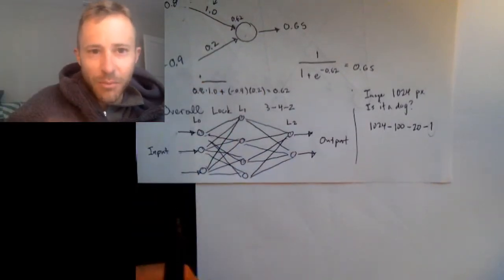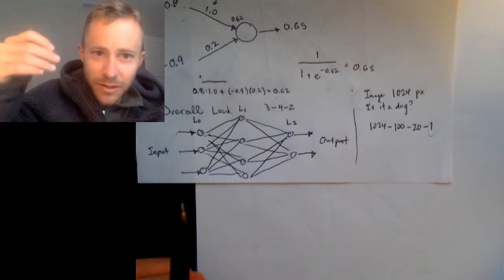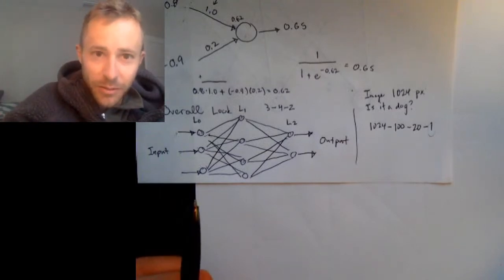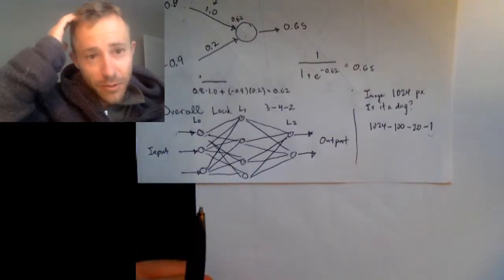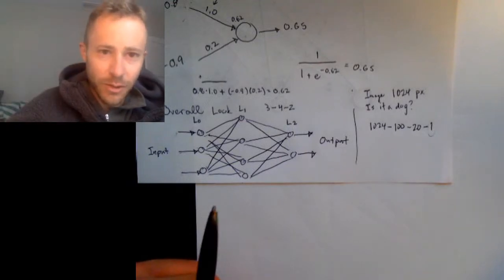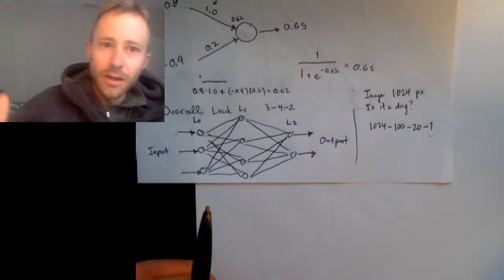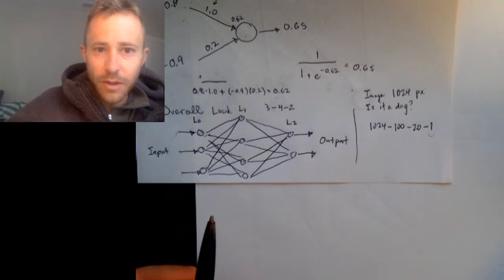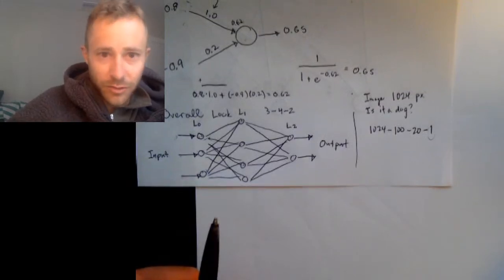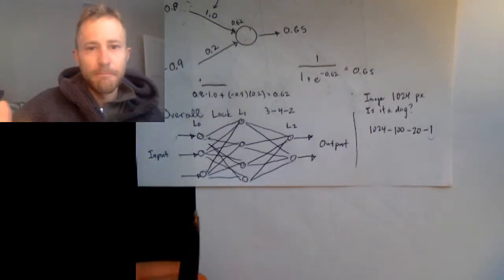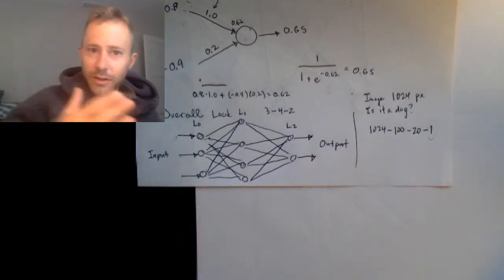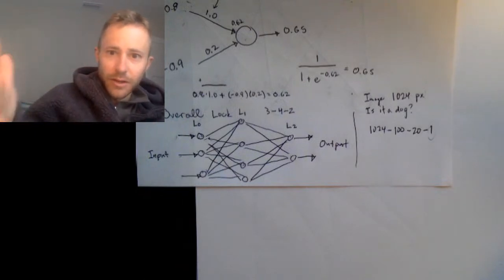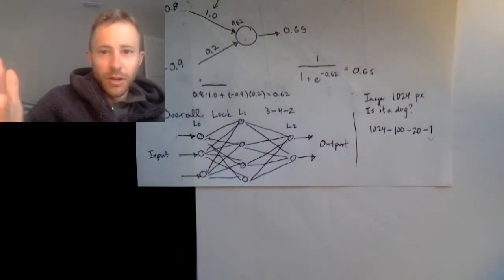And if that output is greater than 0.5, for example, you would conclude that it's a dog. Or at least the neural network thinks it's a dog. If it's less than 0.5, the neural network does not think it's a dog. Okay, so you can have a neural network that takes in inputs and then you look at the output, and that's a decision that the neural network has made.